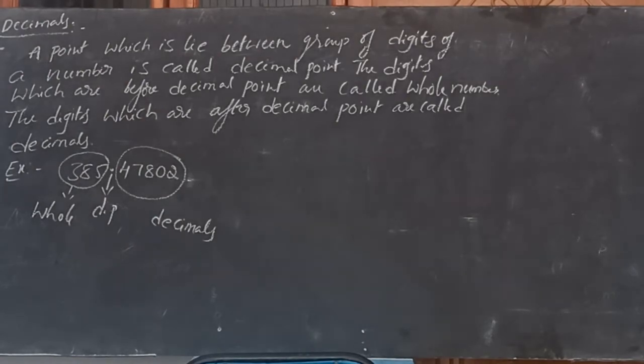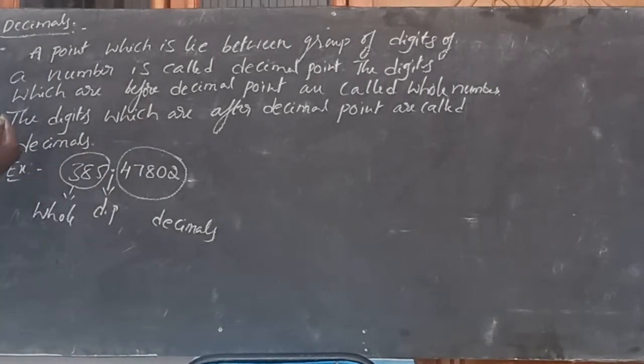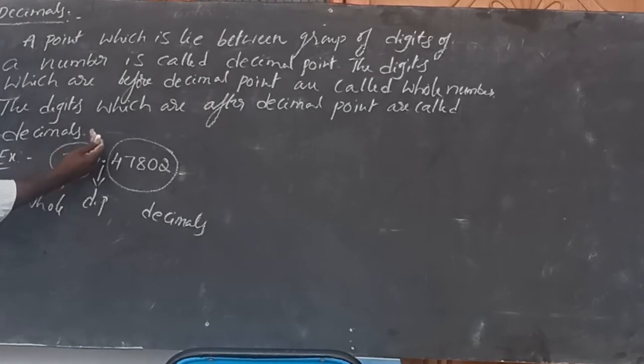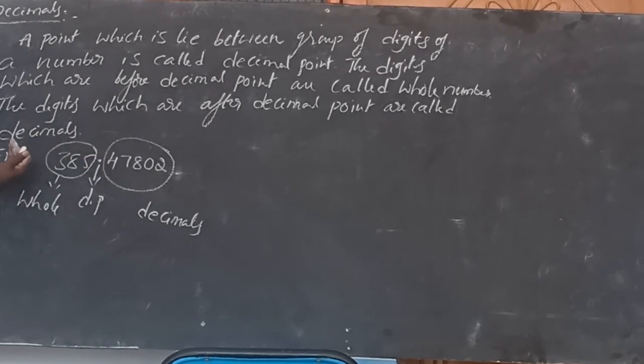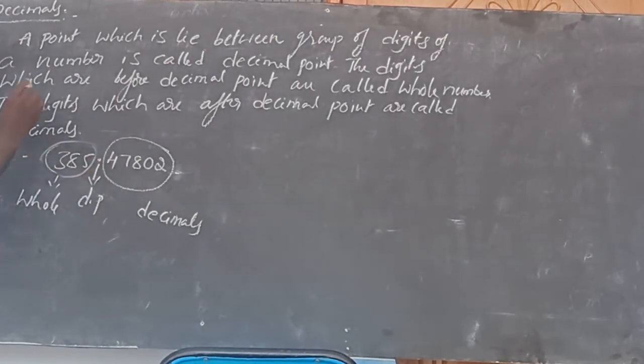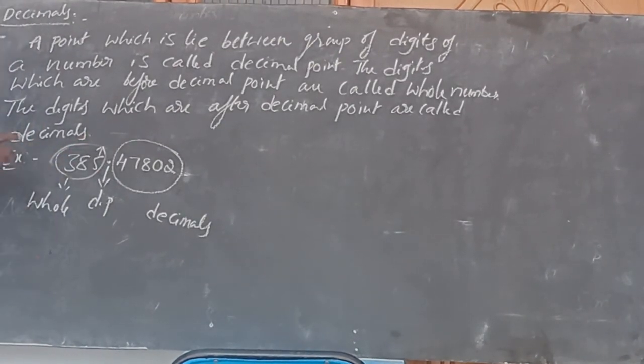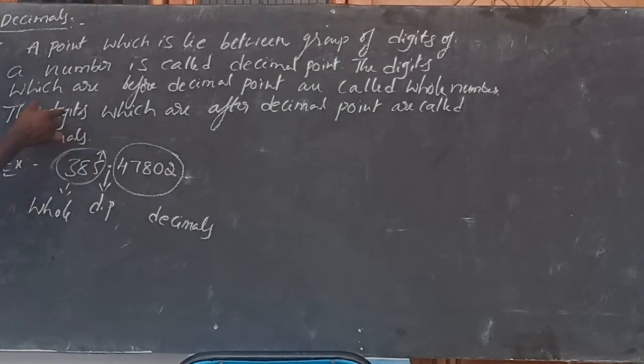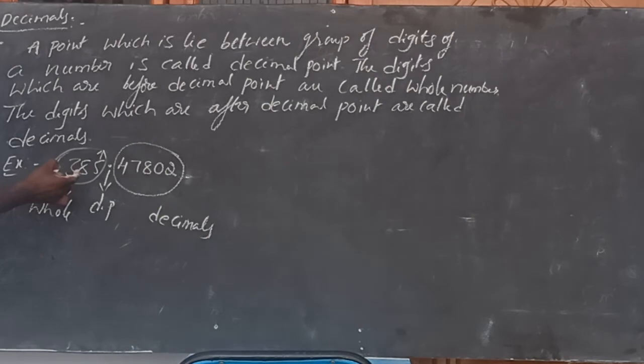Here in these whole numbers, the place values increase from right to left. What is place value? It means the place a digit is occupying. Here 5 is occupying which place?